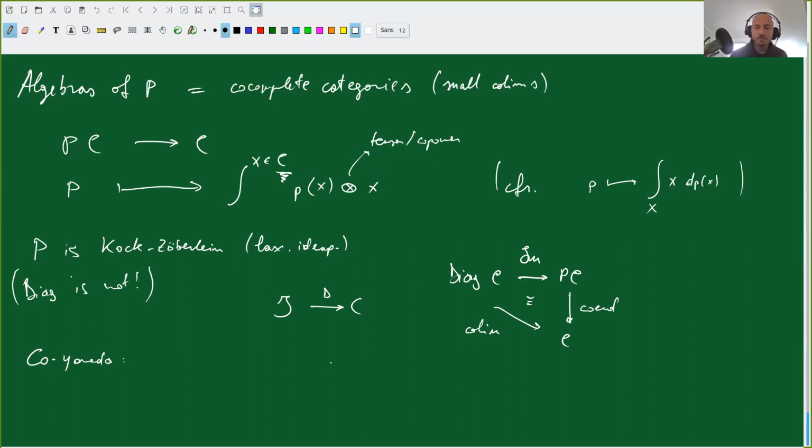Because the coend of now P of X is the image of D. So that's, this is tensor X. But now we can apply Fubini, which removes the brackets.